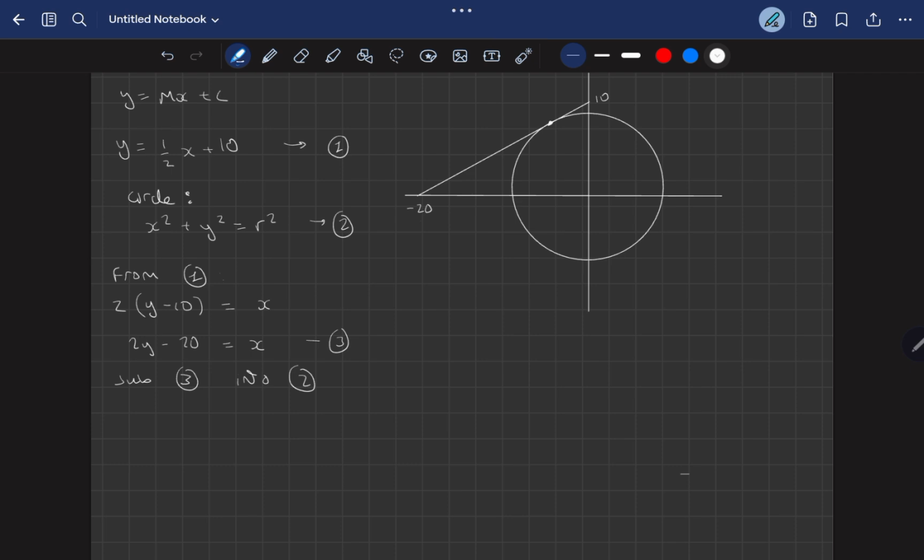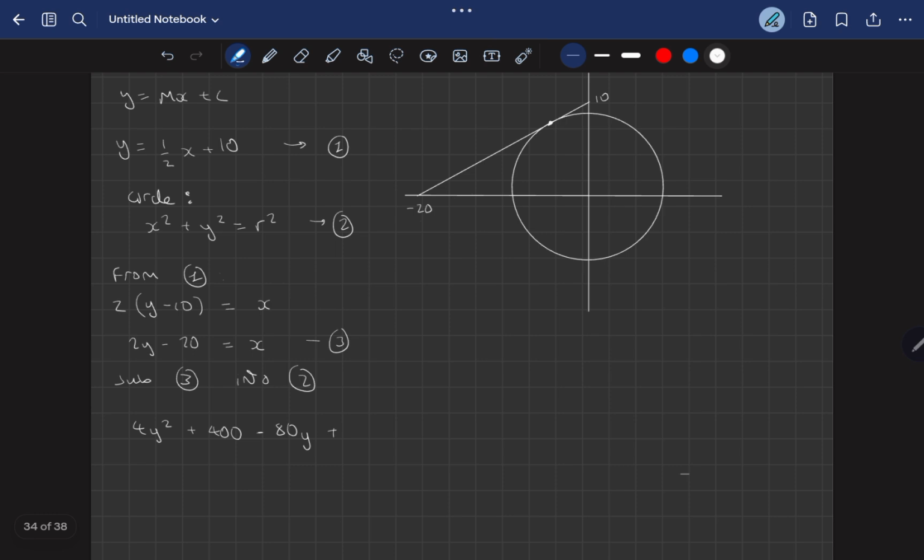So I'm going to have to square this part, and it's going to be 4y squared plus 400, minus 2ab, in this case it's minus, so it will be 80y. Let me just make sure I did that right. Yeah.